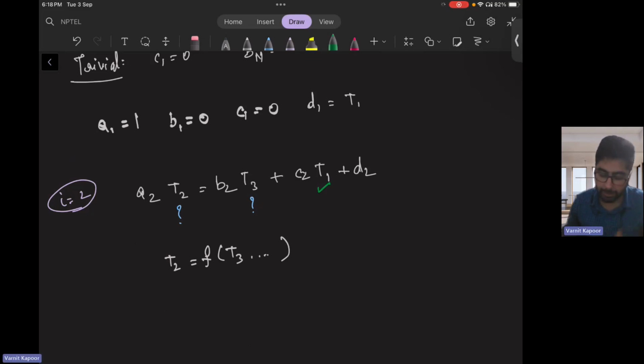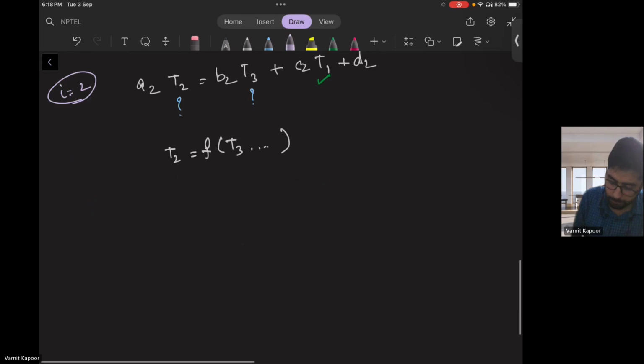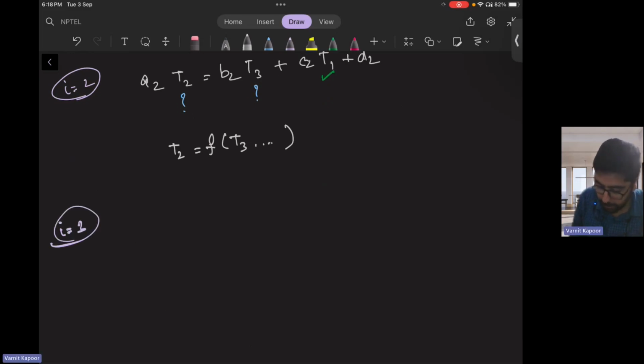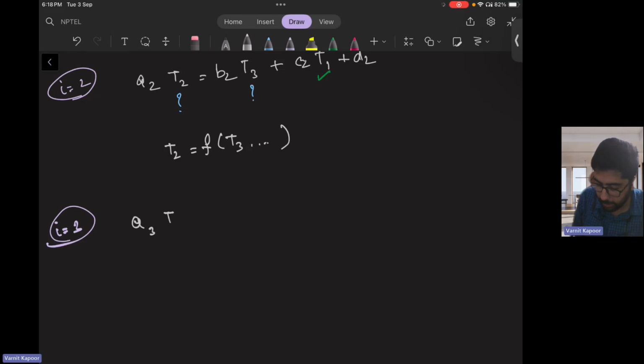Similarly, if you go for the i equal to 3 node, that means A3 T3 is equal to B3 times the east node of the third, plus C3 times the west node of the third, plus D3.